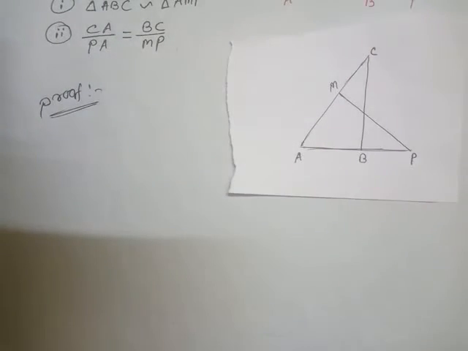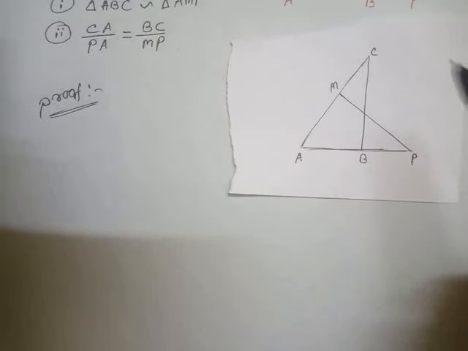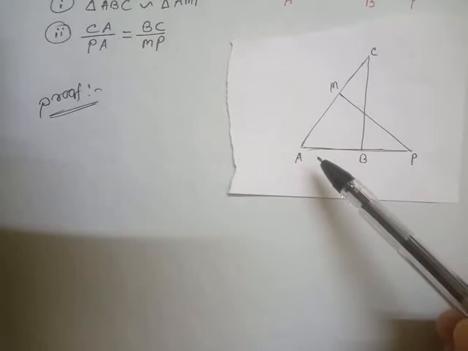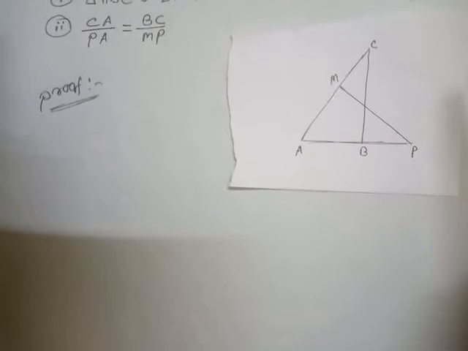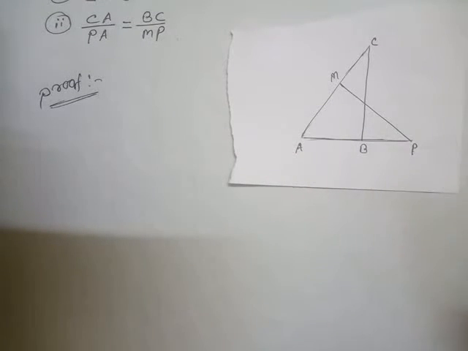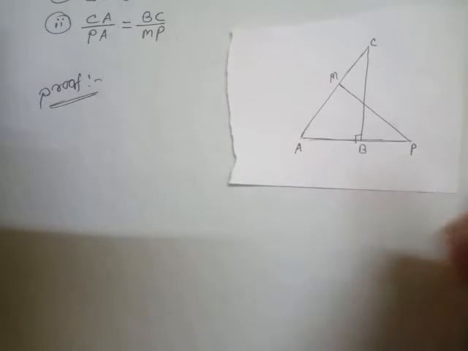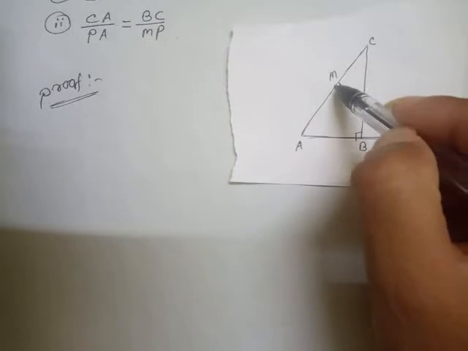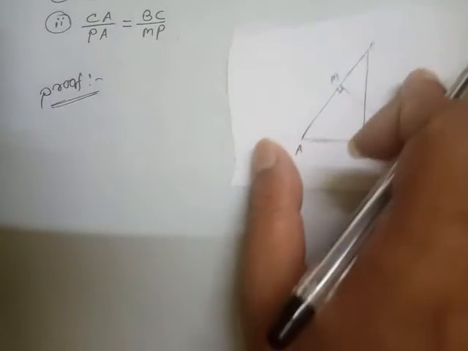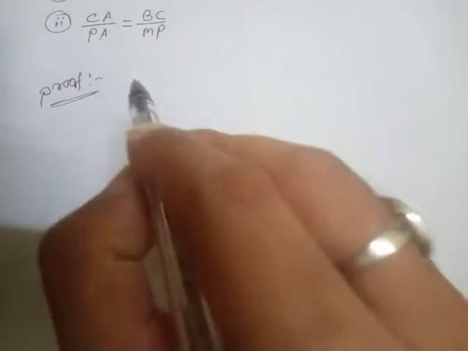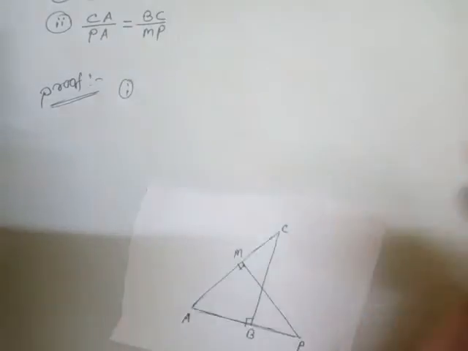Now look after that. In triangle ABC, which means this triangle, and triangle AMP, in these two triangles, this is 90 degrees and this part is 90 degrees. Now look here, we'll write here that this is the first one, Roman 1, we're going to prove now.